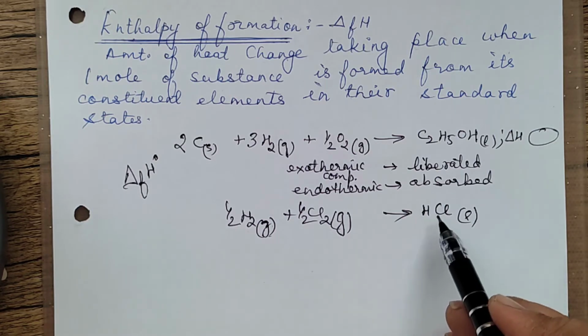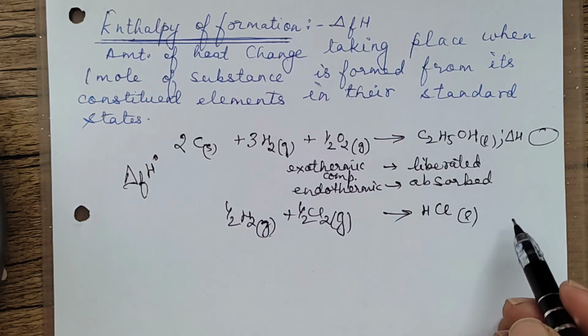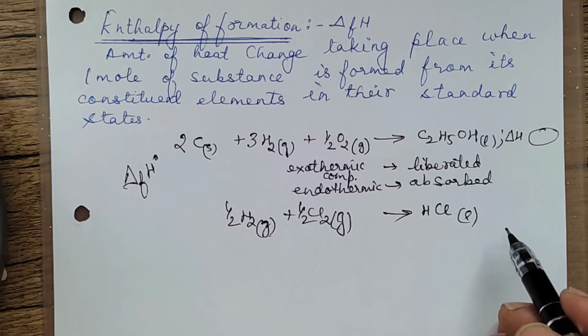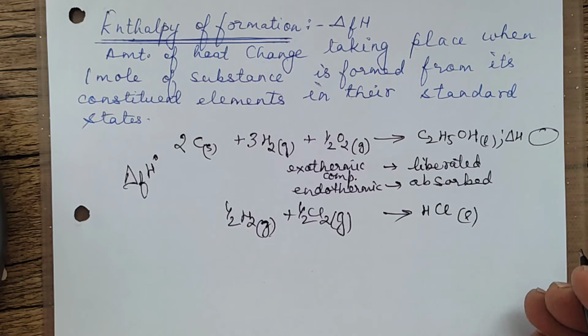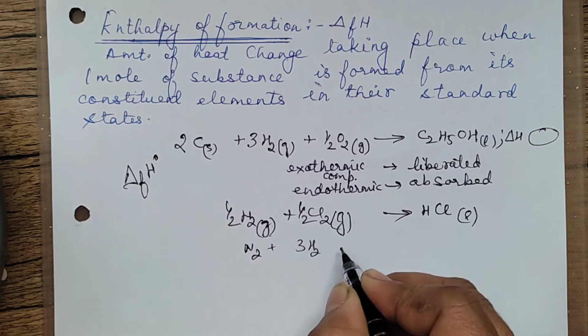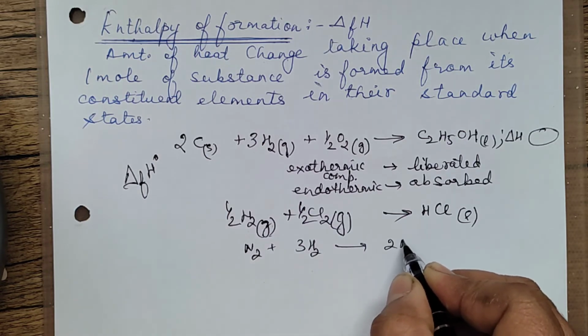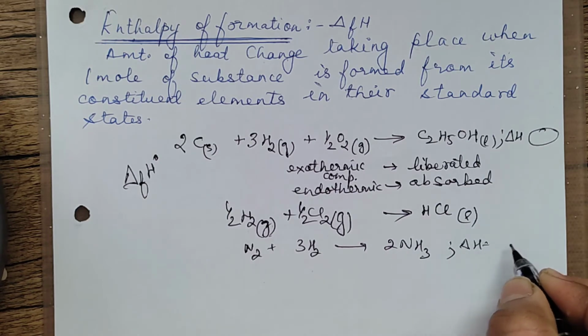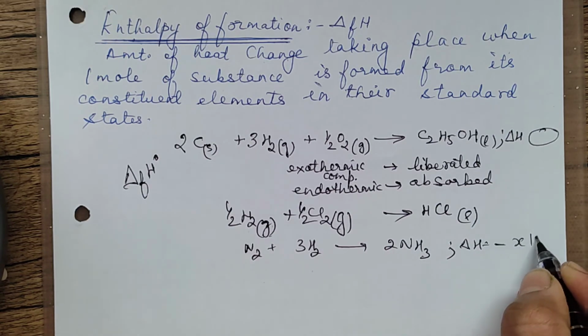At times, for 2 HCl, the value is given. Then what will be the enthalpy of formation? You will not call that the enthalpy of formation. In that case, you will be dividing by 2. For example, if I say N2 plus 3H2 gives you 2NH3, this is one equation given, and for that the delta H value is some minus X kilojoules per mole.